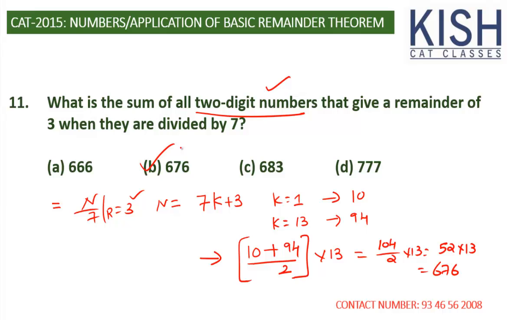Since the basic remainder theorem is a very simple one, you must be focusing on the application part of it. Out of 11 questions, more than 50% were completely focused on application of the remainder theorem. You just need to know how to apply it rather than having a very sound knowledge of the theorem.